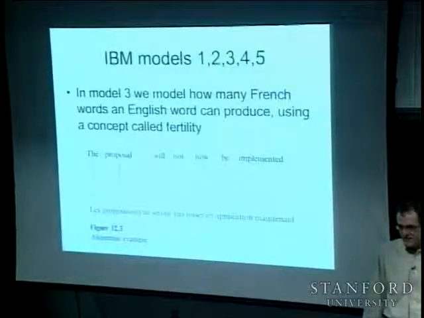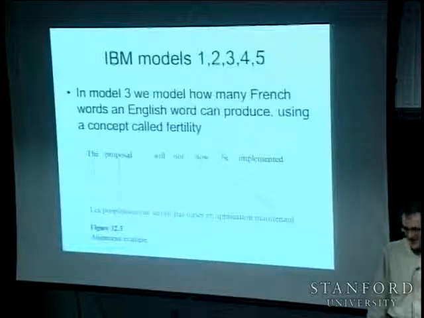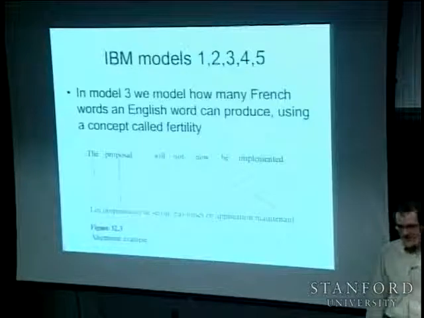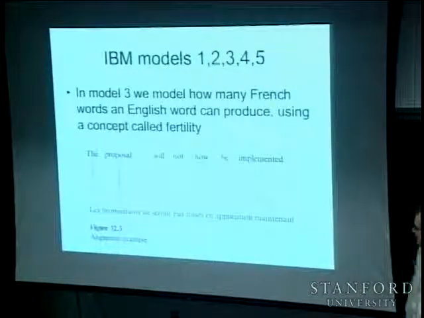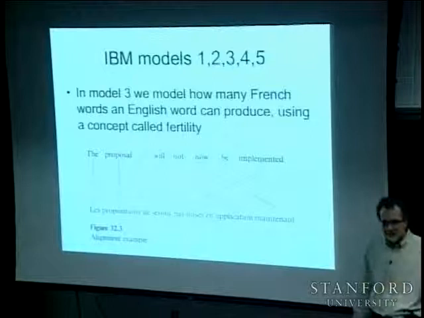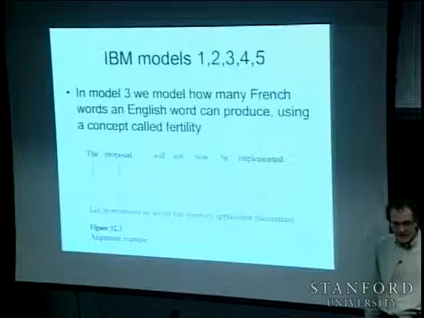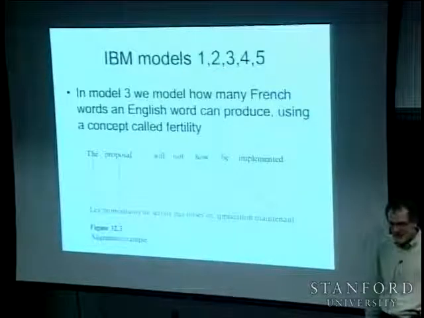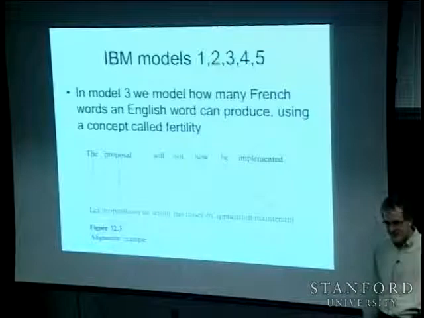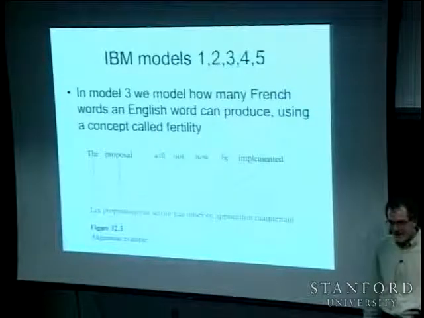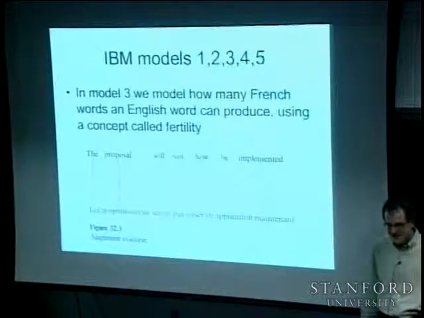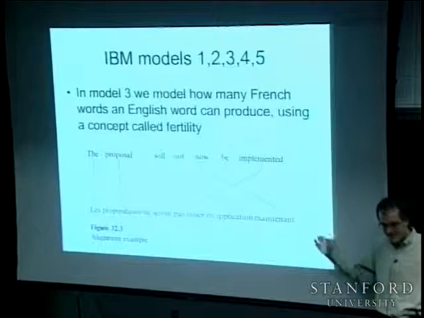Keeping the alignment variables independent of each other means that you can train Models 1 and 2 very efficiently. And it's precisely for that reason that we only do Models 1 and 2 in the assignment, because if you want to start having complex dependencies, things suddenly get a lot more complicated. In fact, you'll find in the text of the second assignment, when it suggests things that you could do for extra work, I think the first suggestion is that you could try implementing Model 3.